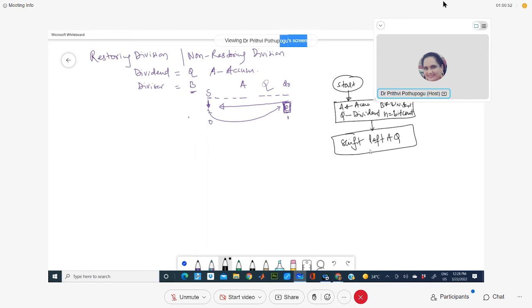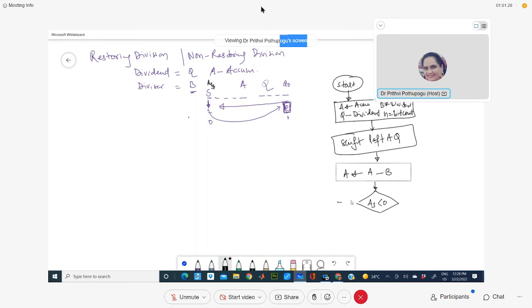Next, after shifting, do the addition of the two's complement of the divisor. Sorry, two's complement, not ones complement. We are not taking ones complement. Two's complement of the divisor, and check whether this AS bit, the sign bit of A, is less than 0.